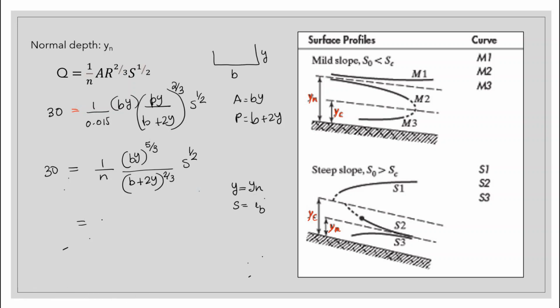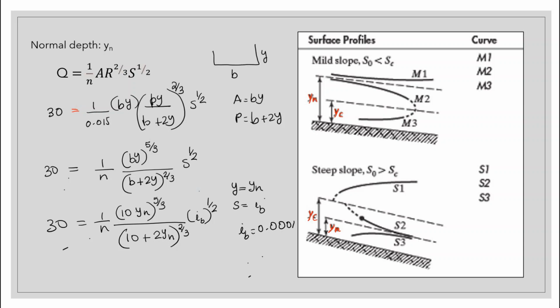So 1 by n, B is the width of the section, given as 10 meter. yn raised to 5 by 3 divided by 10 plus 2 times yn, whole raised to 2 by 3, into ib raised to 1 by 2. Here ib is given as 0.0001.